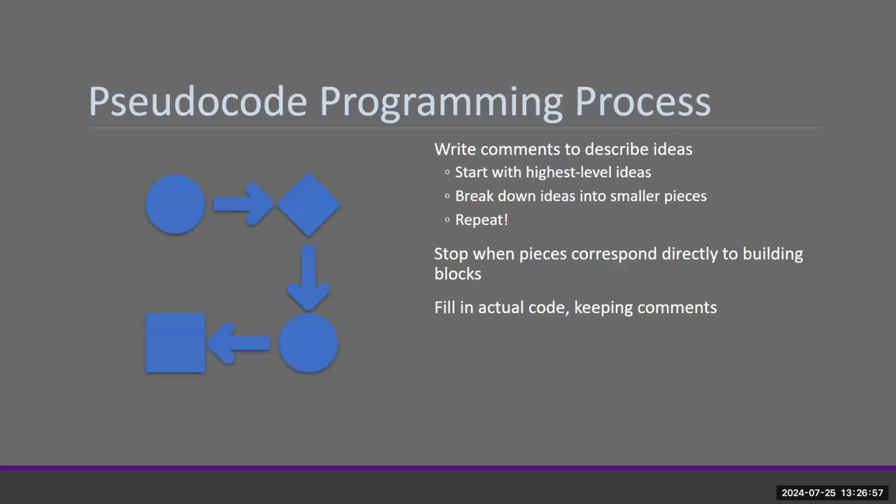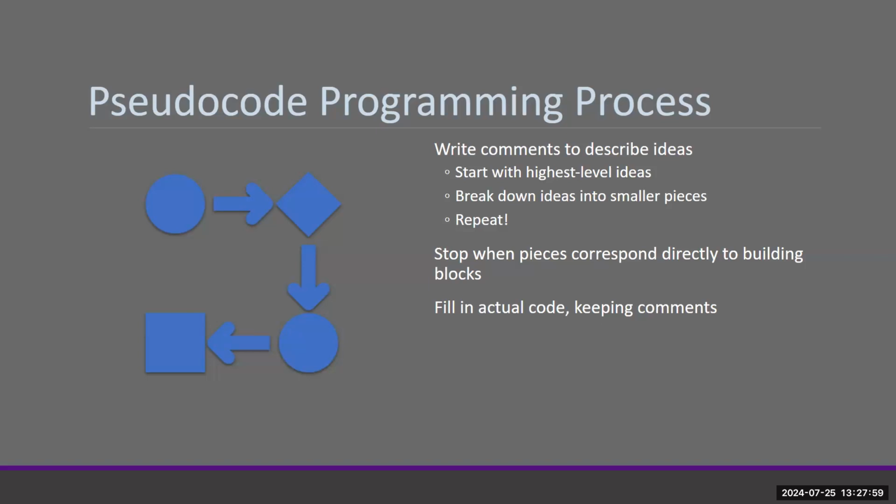Right. So how do you make pseudocode? Well, you first start writing comments to describe ideas. You start with the highest level ideas and start breaking them down into smaller pieces, and then you just repeat the process. You stop when the pieces themselves correspond directly to the building blocks.